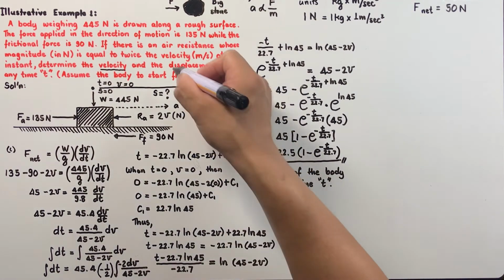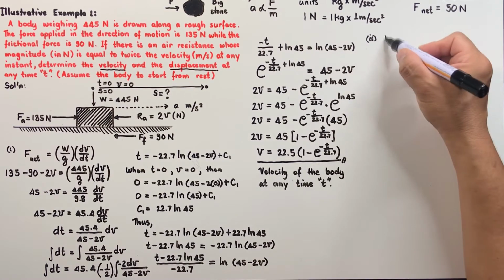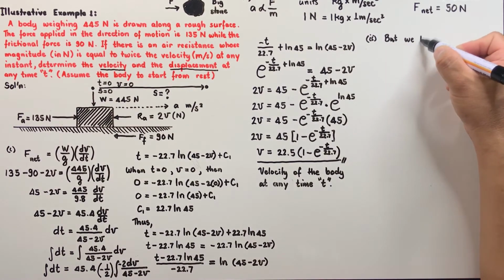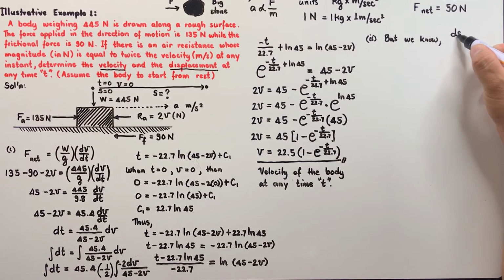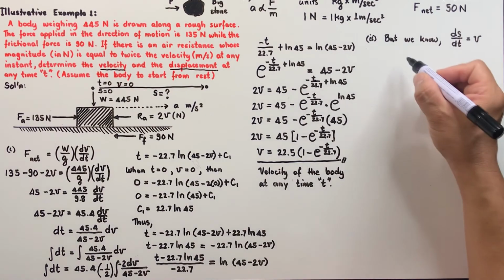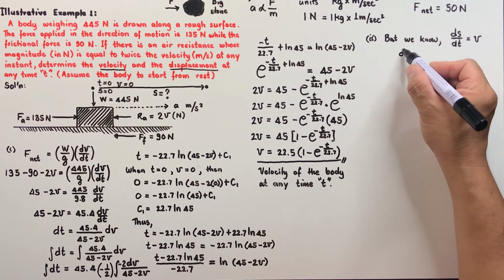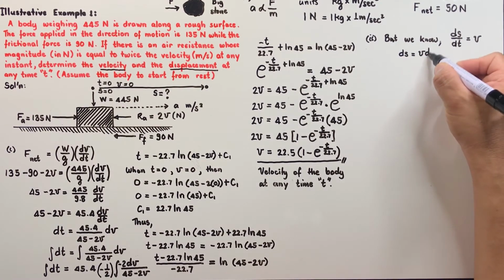Then, solving for the displacement, we use the concept in calculus that the change in distance with respect to time is our velocity. So, multiplying both sides of the equation by dt, we have ds is equal to v dt.